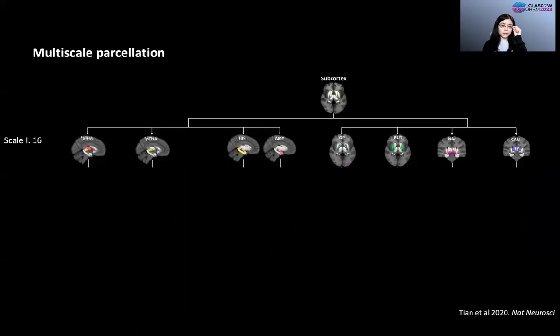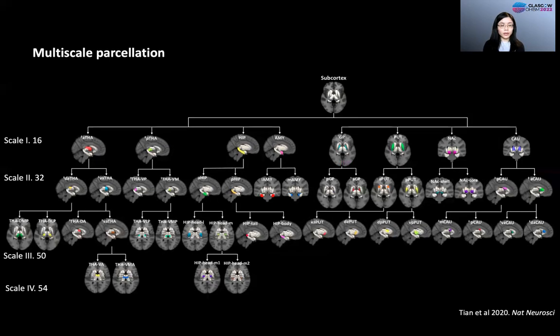We next mapped the connectivity gradients for each of the 16 regions, and by performing model selection recursively, this yielded a hierarchical parcellation for the subcortex that extends to scale 4. We could not parcellate the subcortex further because the null cannot be rejected.